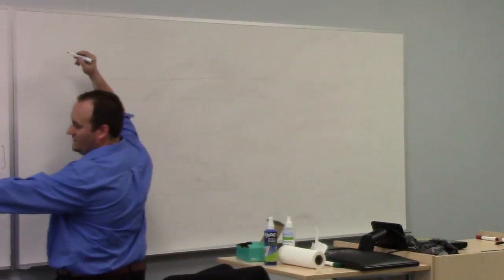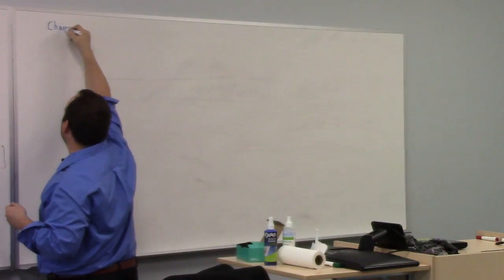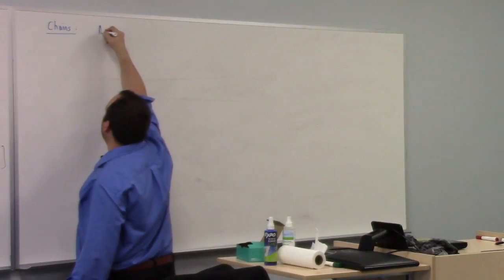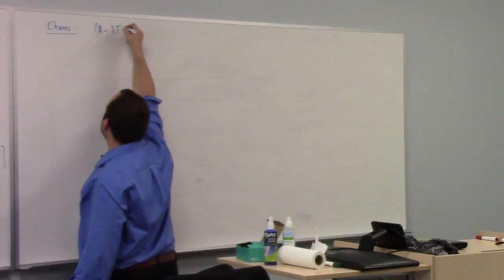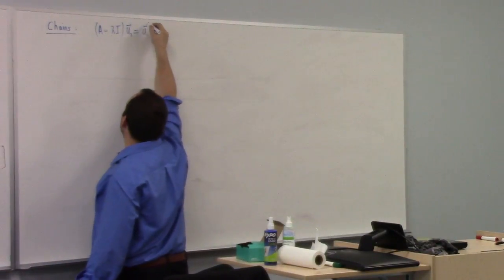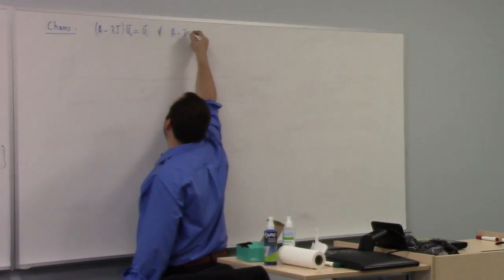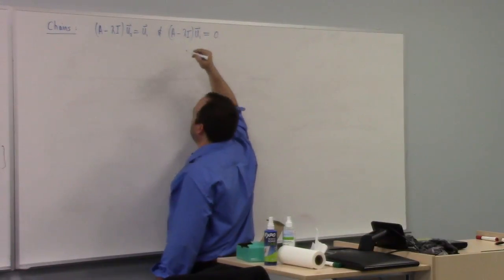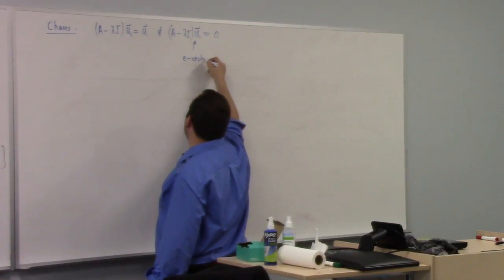These things are really best left to be put in chains. So the way the chain works is something like this. If I have (A minus lambda I) times u2 equals u1, and if I have (A minus lambda I) times u1 equals 0, so this makes u1 a plain old eigenvector.